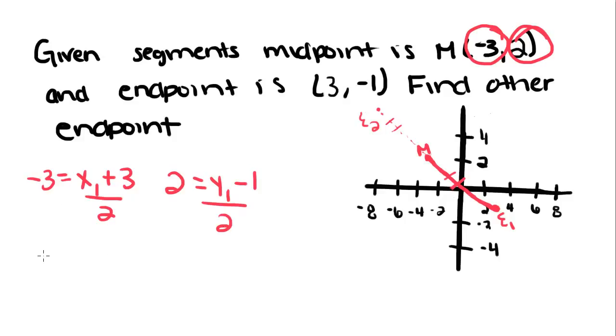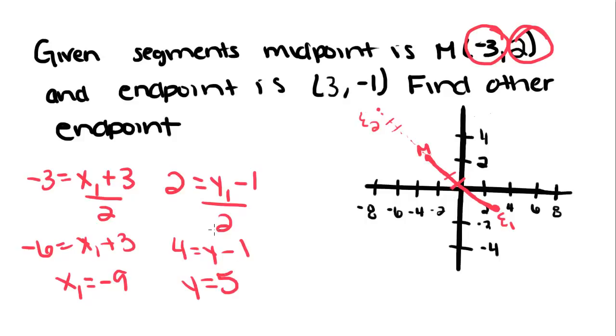So if you multiply both sides by 2 and subtract 3 over, you'll get x1 equal to negative 9, and multiply 2 over, add 1 over, you get y1 is equal to 5.